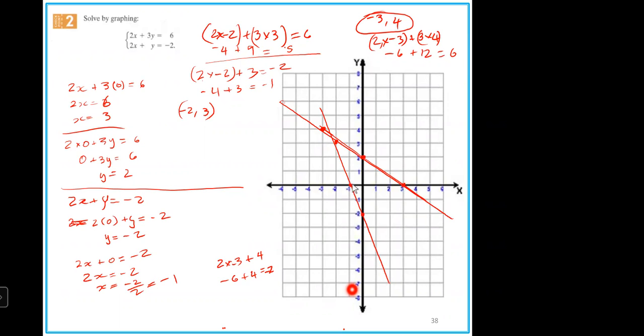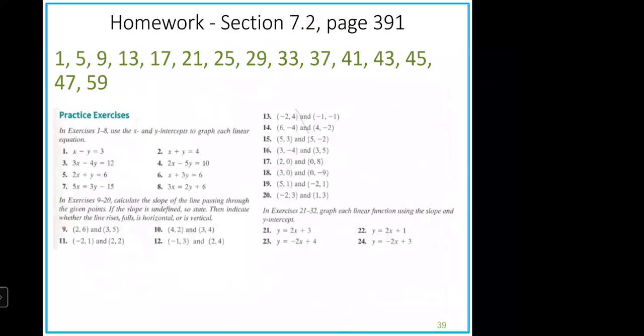And that's why 2 points are not usually sufficient to get accurate lines. It's good to have at least 3 to 4 points on the line, and they shouldn't be too close to each other. All right, so that's it for that.